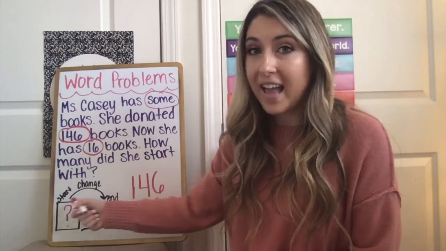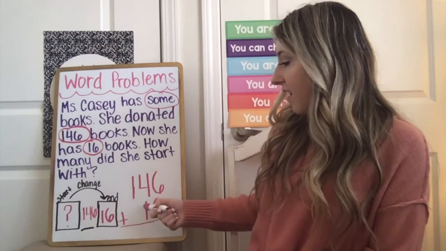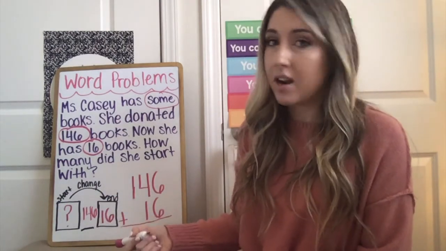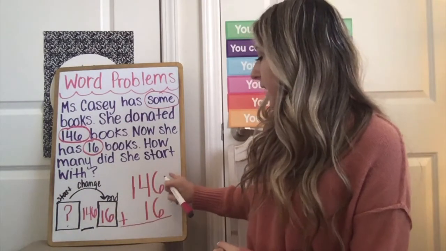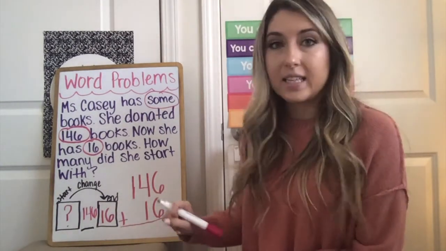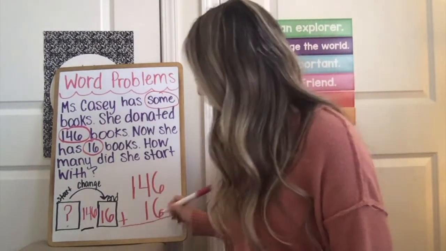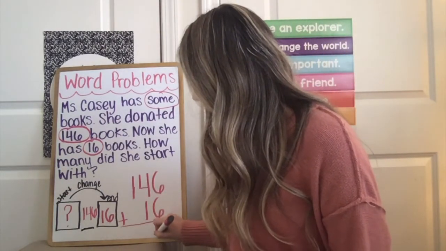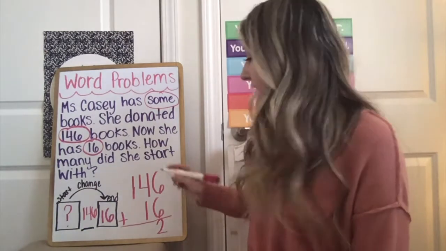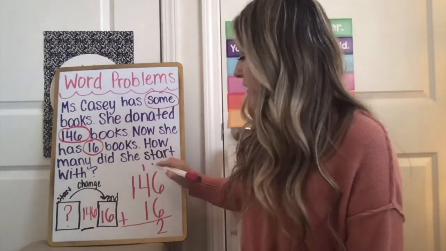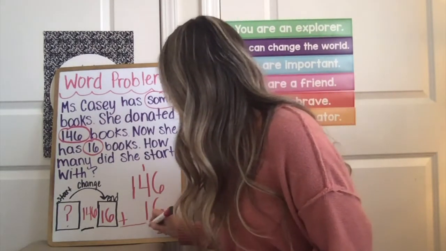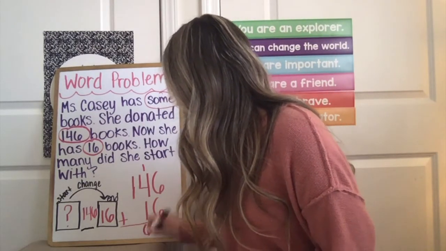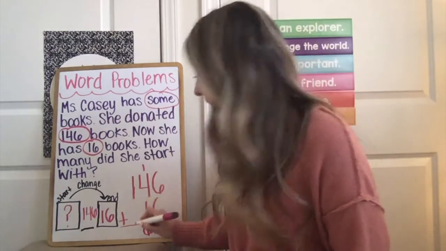So I know if I add these together, that I should get what I started with. And then I'll show you how we can check to see if we got the right answer. So 6 plus 6 is 12. I know I need to leave my ones behind and regroup my 10. So 4 plus 1 is 5, plus 1 more is 6. And then I have no hundreds to add, so I'm just going to bring my 1 down.